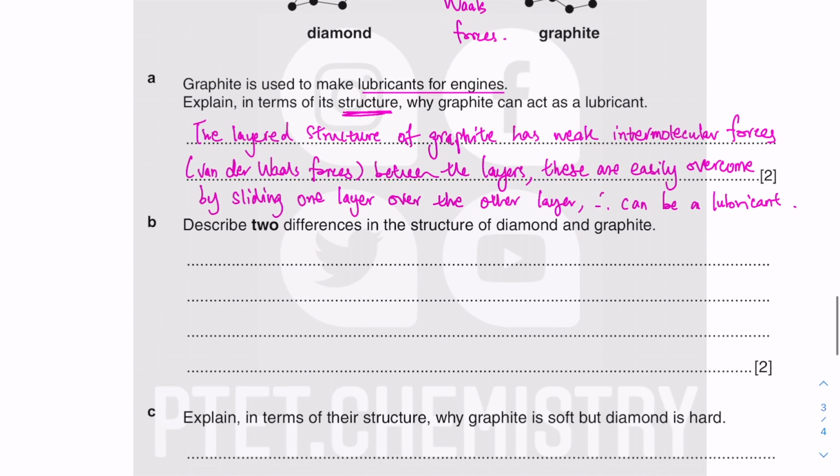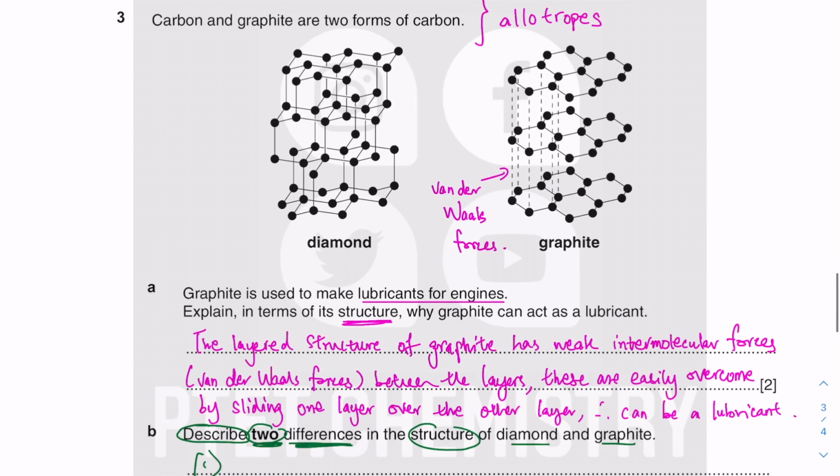Now describe, so a lot of words, two differences between diamond and graphite structure. Okay, so I cannot say giant molecular structure because both of these are giant covalent structure or giant molecular structure. So what is very obvious straight away is the carbon here is bonded to 4 different carbon.